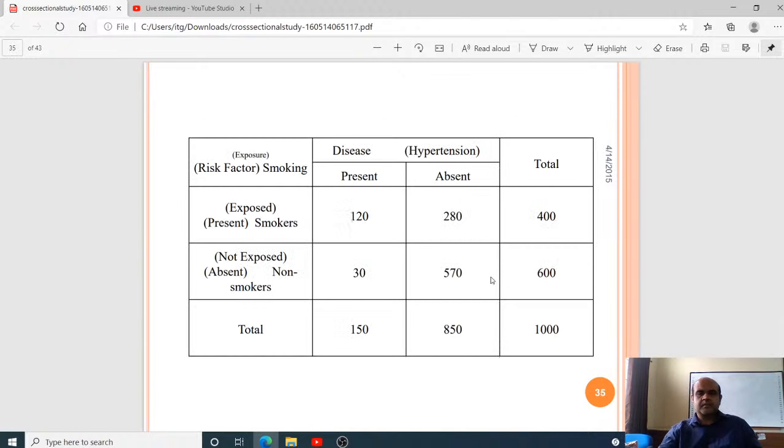Let's see what happens. There is a 2 by 2 table here. The disease is hypertension, either present or absent, and the risk factor is smoking, either present or not present.